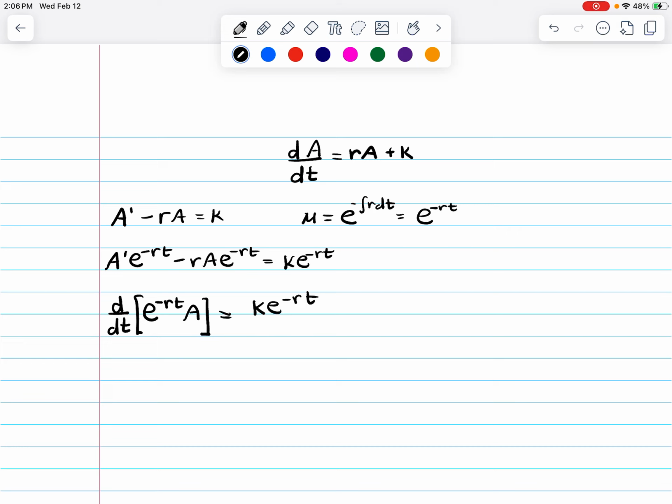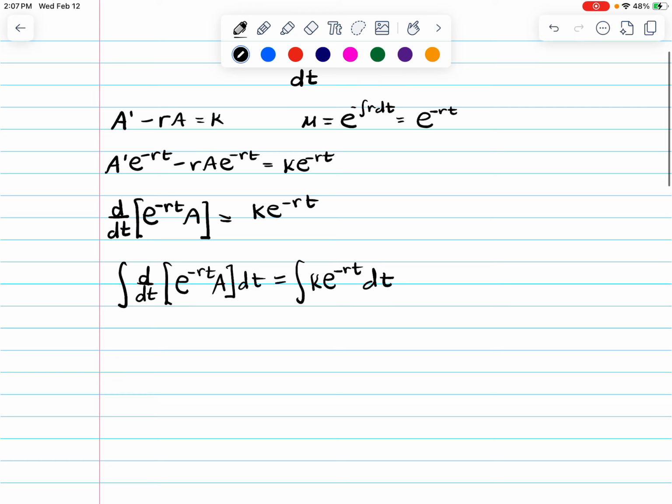Now, let me integrate both sides. I'm going to put an integral around both sides, and I get the integral of d/dt of e to the negative rt A on the left, and the integral of K e to the negative rt dt on the right.